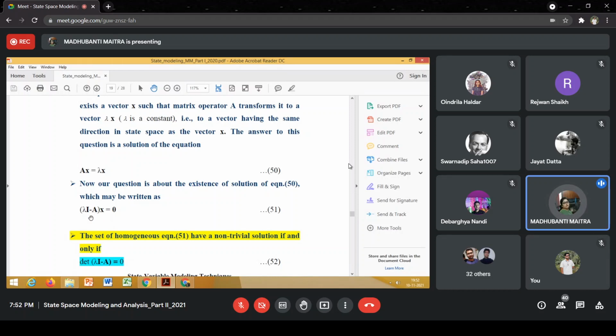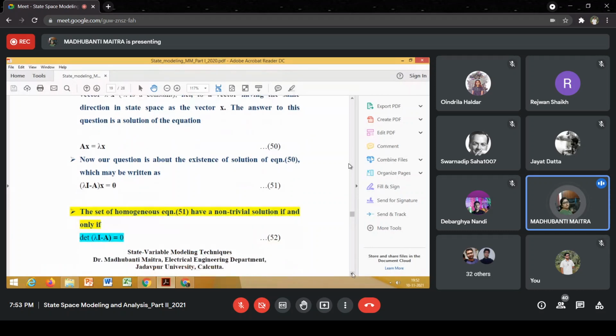So this can be written as (lambda I minus A) x is equal to 0. Clear? Yes, ma'am.